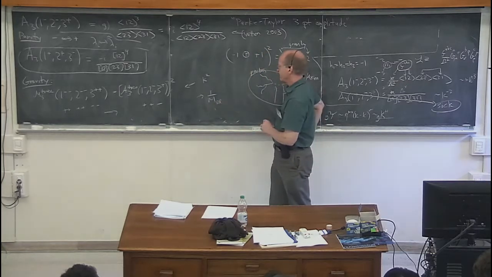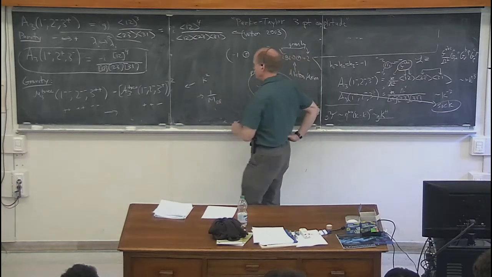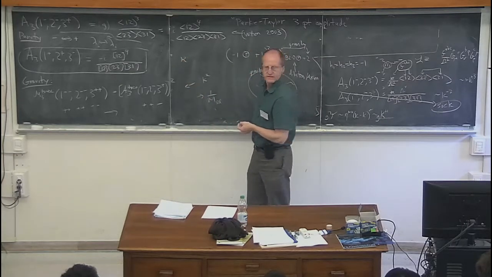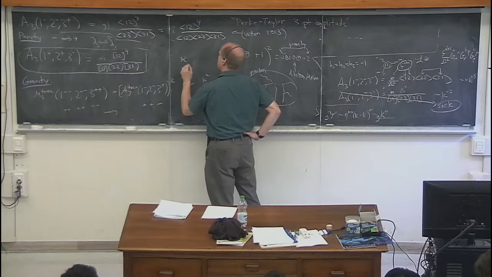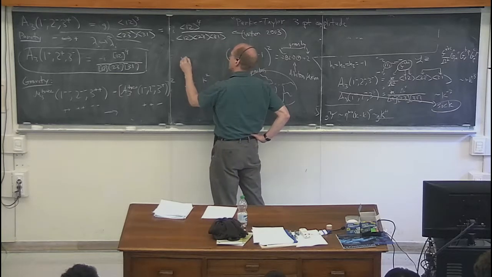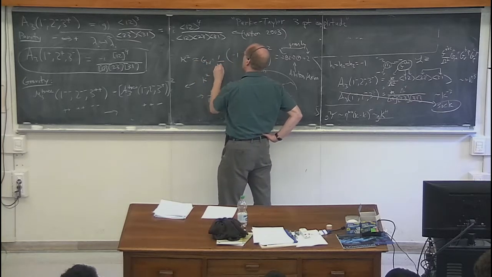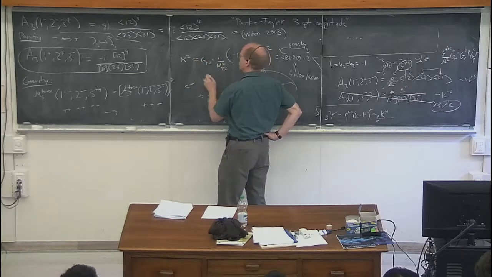And the gravitational coupling that people use is something called kappa. But to connect to what other people use, you need to know that kappa squared goes like G Newton, like 1 over M Planck squared.